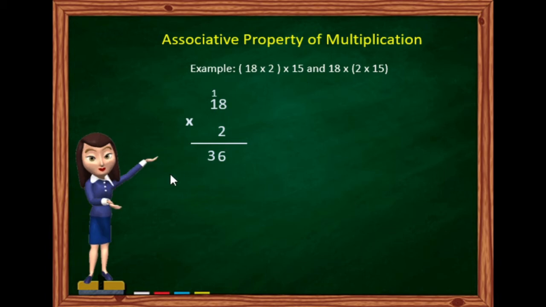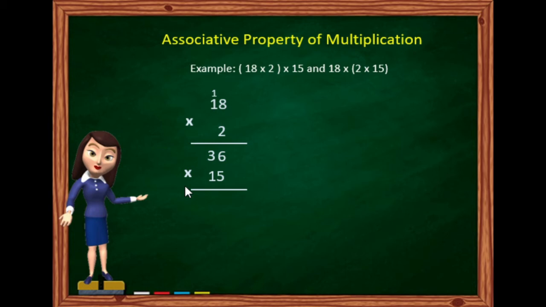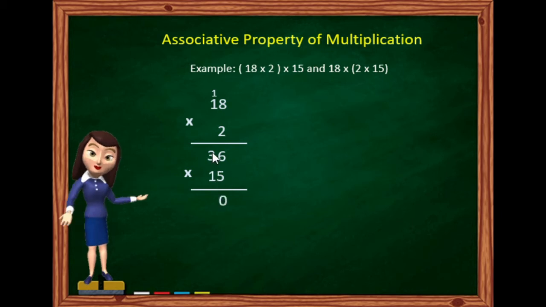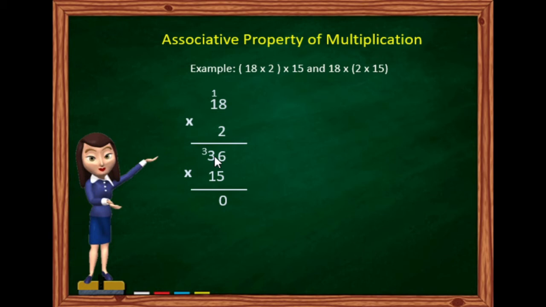Multiply again from the rightmost place. 5 times 6 equals 30. Bring down 0, carry 3. 5 times 3 equals 15, plus 3 equals 18. So we write 8 and 1.